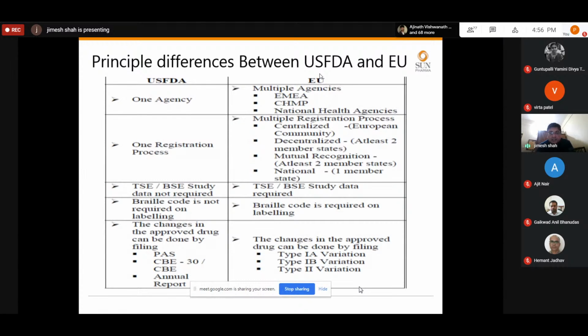It means that after approval, if we want to change something, we have to follow the post-approval change procedure. Europe also has a different procedure: type 1A, type 1B and type 2 variation. So these are the principal differences between the US FDA and the European procedure.